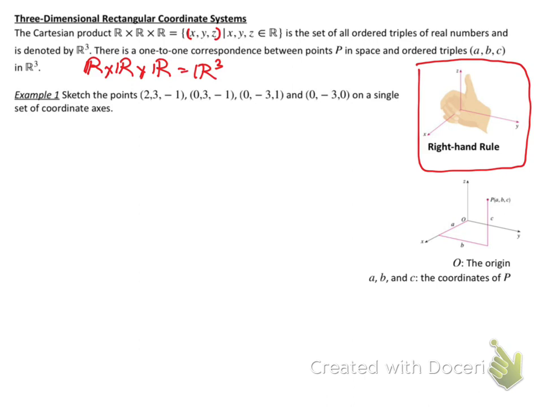Although in the textbook, the way they did it is x always points to the lower left, y points to the lower right, and then z goes upward. Personally, I like to set it up a little bit differently, not a lot of difference.